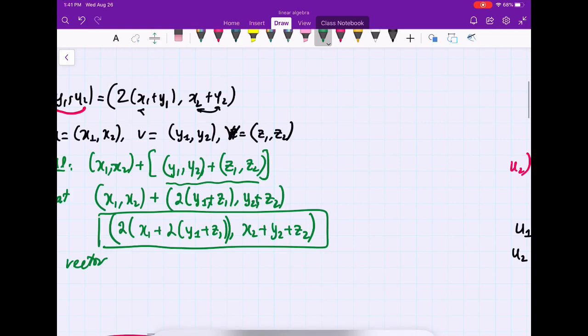You have (x1, x2) plus (y1, y2). So we add two vectors first, right? Plus (z1, z2).